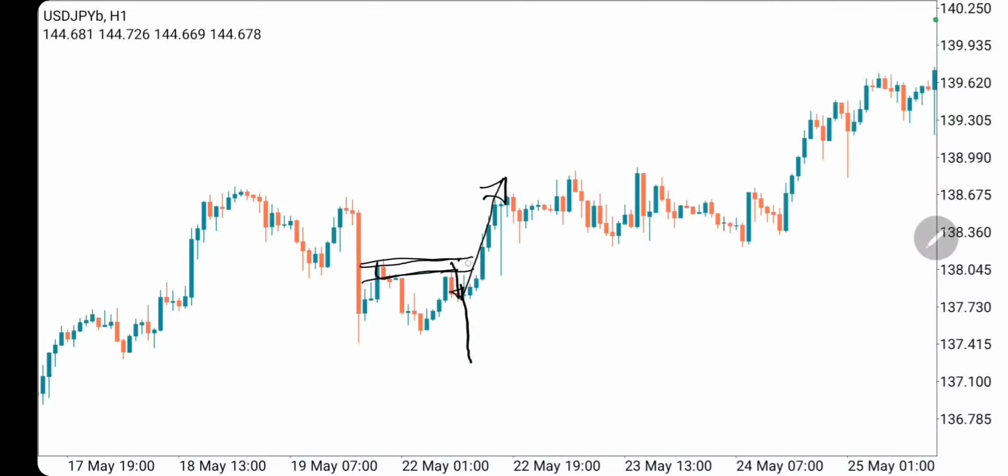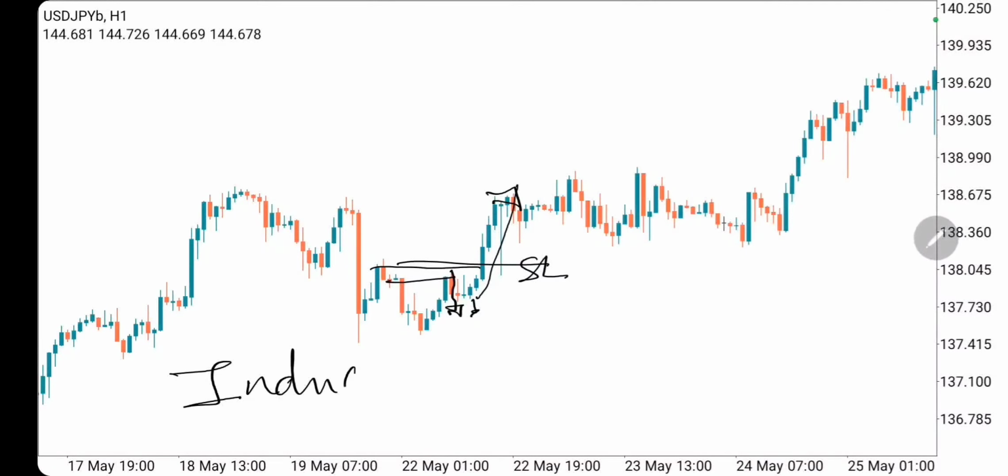They initiated a buy position, but there was an initial sell right here, and when everybody gets into the sell, they now reverse the market, taking out all stop losses that are placed right here. So inducement essentially is price manipulation.